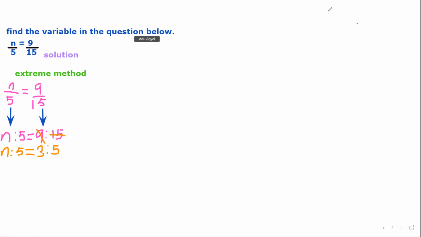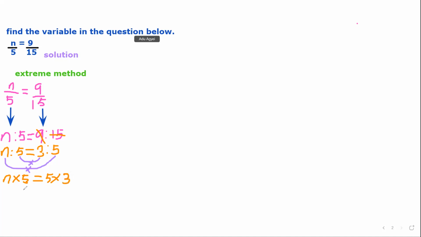Then here you just multiply the extreme numbers. The extreme numbers are the numbers at the ends, okay? And then you equate it by the multiplication of the middle numbers here. The extreme numbers here is n times 5, which is equal to the middle numbers 5 times 3.